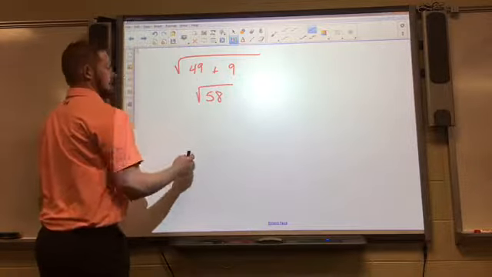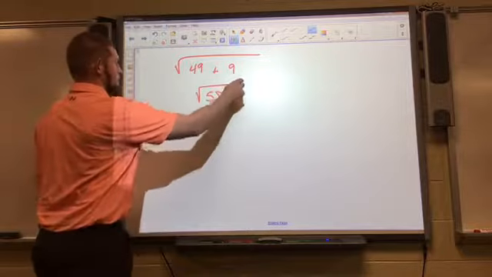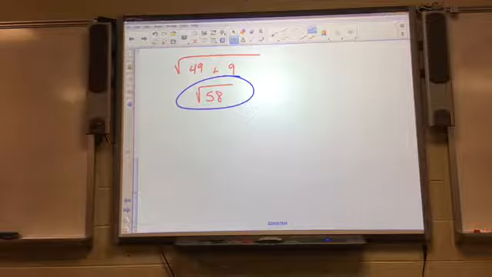What do I try to take out? A perfect square. Are there any that I can take out of 58? Doesn't seem to be. Definitely not 25. Anybody find anything? I don't think there is. So you would just leave your answer just like that. Square root of 58. If you can break it down, I would like you to break it down.